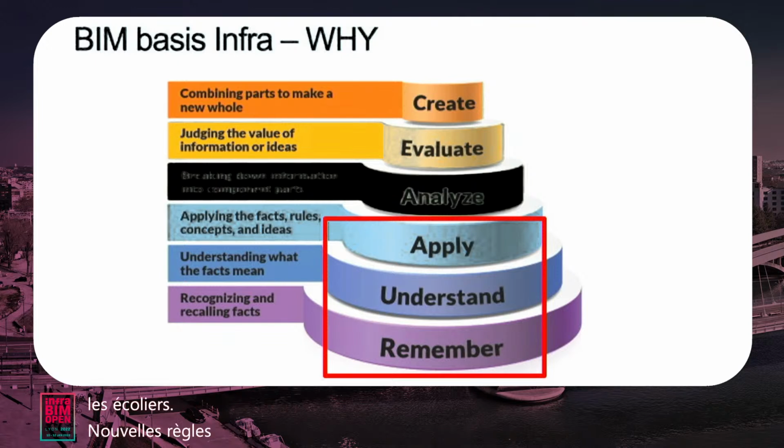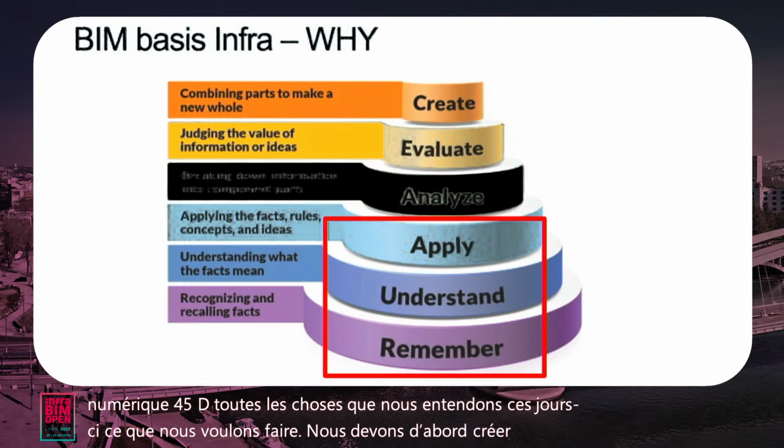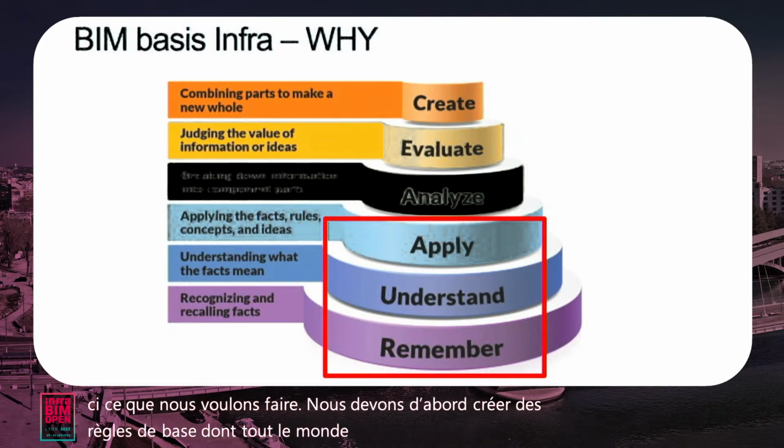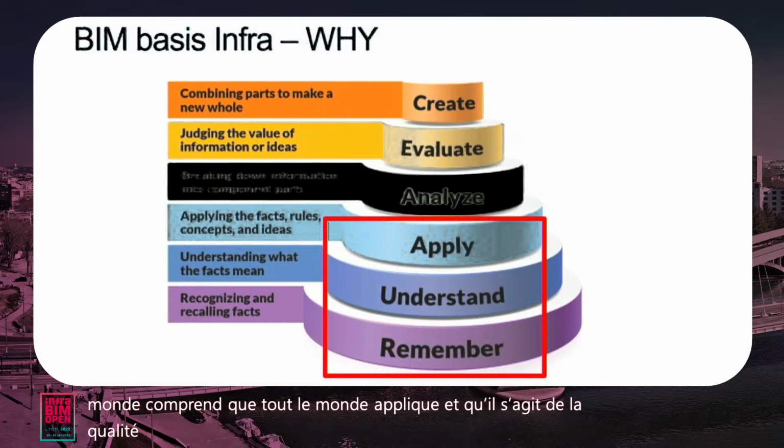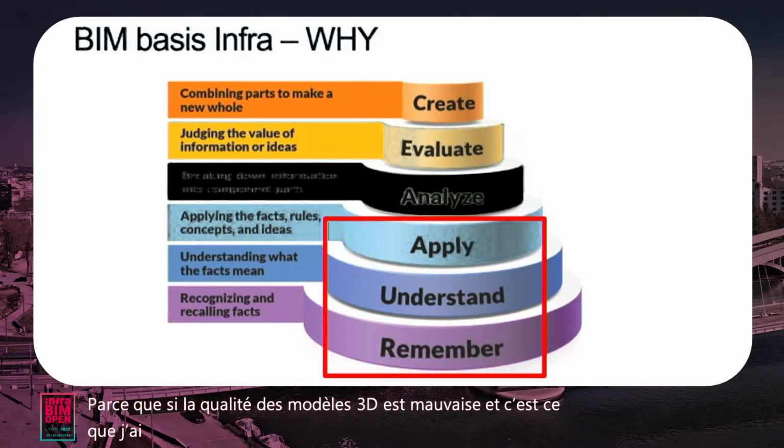The parallel is that if we want to create, evaluate, analyze, let's say 4D, 5D, digital twin, all the things we are hearing these days, we first have to create basic rules that everybody remembers, everybody understands, and everybody applies. And this is about the quality of the 3D models. Because if the quality of the 3D models is bad, and that's what I saw, then you don't build a digital twin that easy. You can't do 4D, 5D that easy.